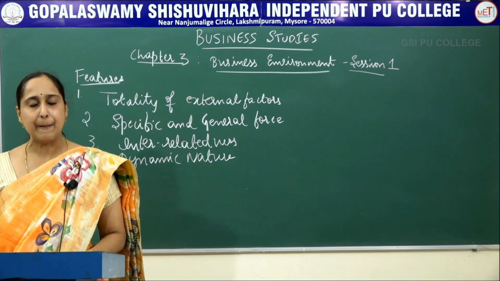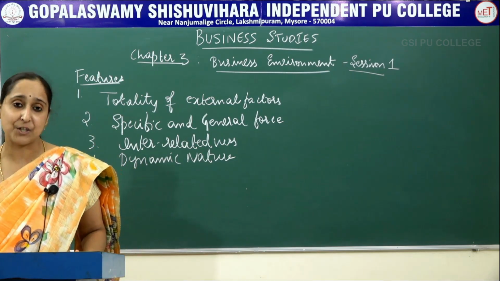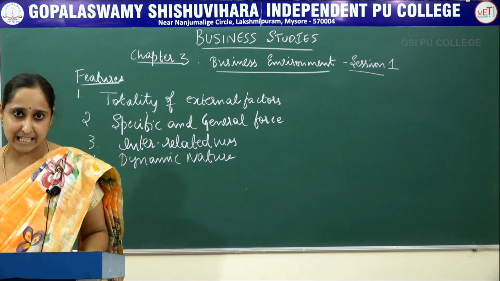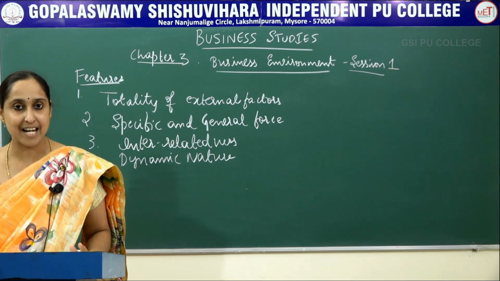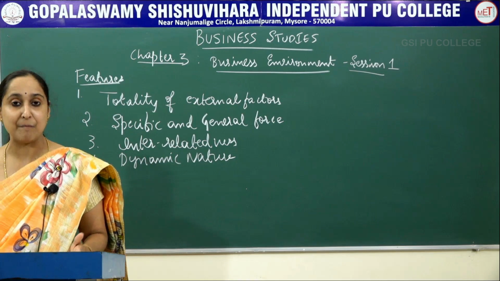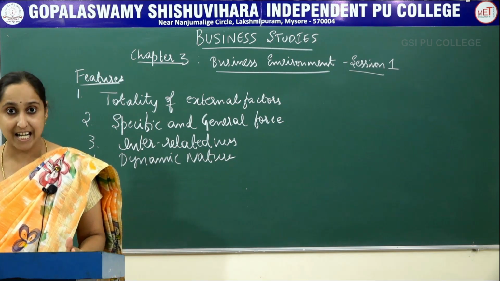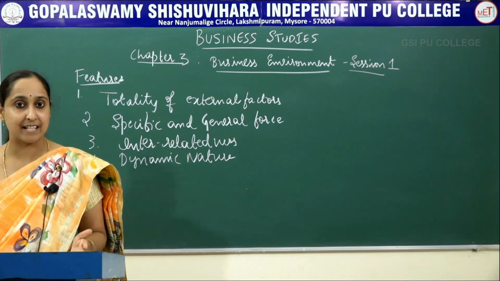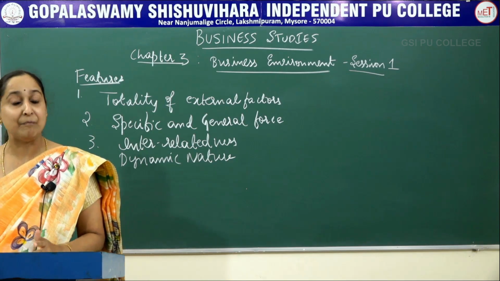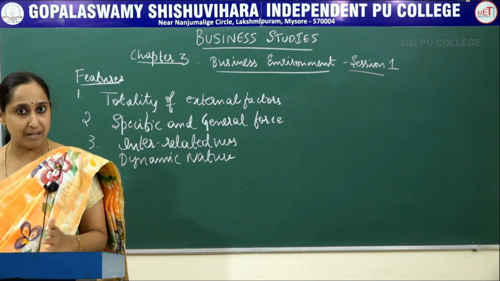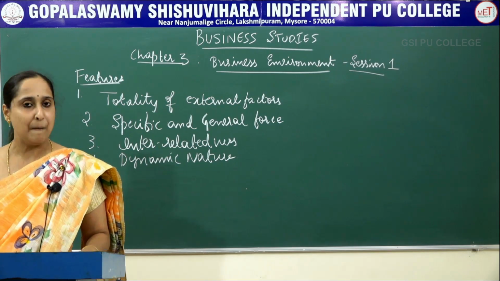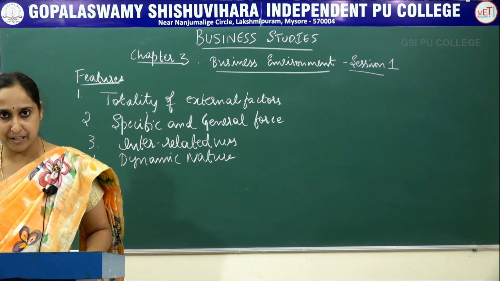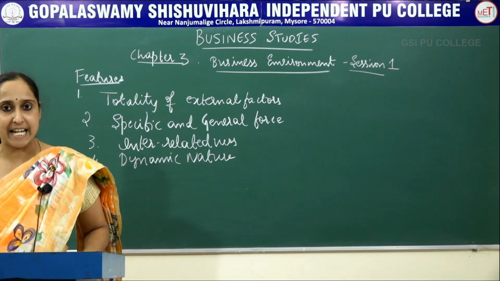See, for example, earlier days film industry used to earn revenues by selling cassettes, CDs and DVDs. But these days technology has changed a lot. These days film industry can earn money from satellite rights, digital rights, like nowadays we have Netflix, Amazon Prime, Hotstar. From these the film industry can earn money. So this is dynamic. Earlier days it was different, but today it is very much different. So this is dynamic in nature.